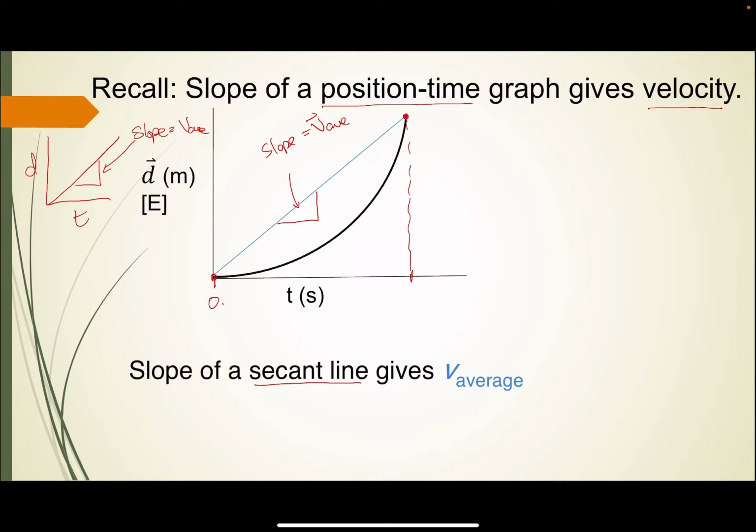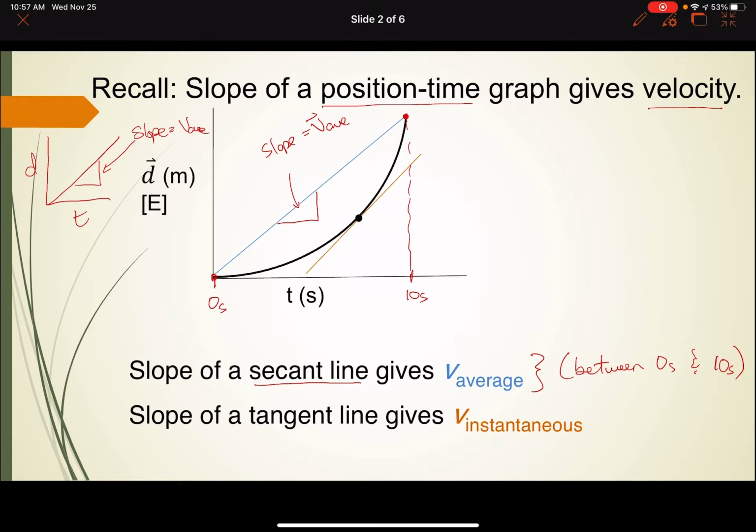So if this was 0 seconds and this was 10 seconds, then the average velocity that I'm finding is the average velocity between 0 seconds and 10 seconds. Okay, the other thing that we can find from this thing, though, is the slope of what's called a tangent line. A tangent line touches only at one point.